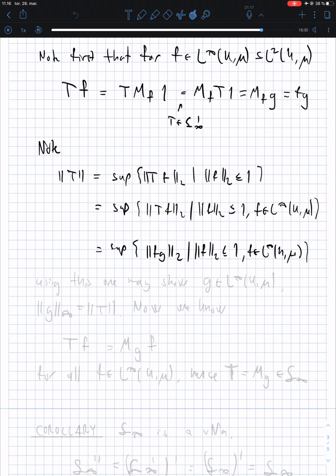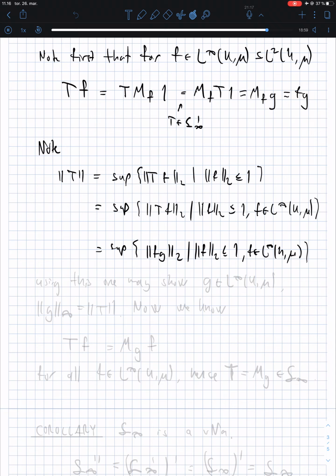And now, I hope you'll allow me to be a little bit sloppy here. So you can use this to conclude that g is an L infinity function, simply because when you want to check that something is an L infinity function, you can multiply it up against all the norm 1 f in L2 functions and see if that is bounded.